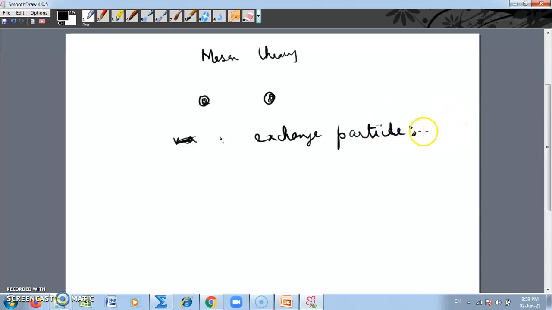He named it the pion or the pi meson. So this is what he actually predicted.